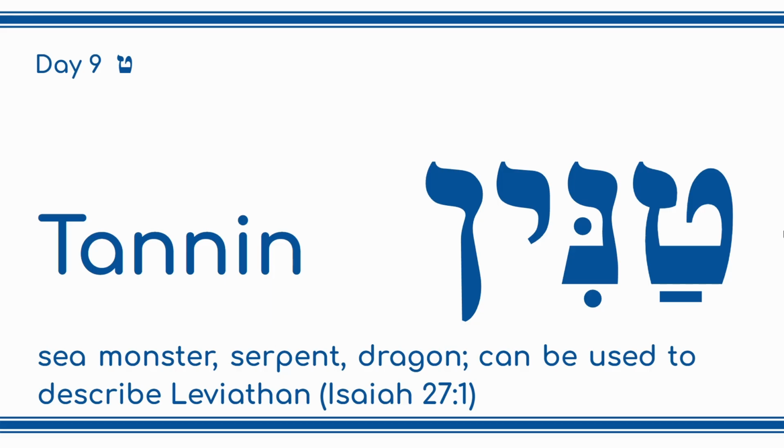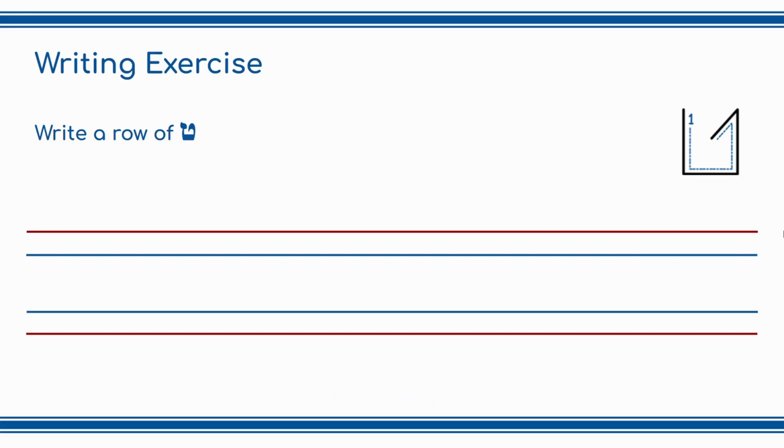And so now we're going to take a look at how you write the letter Tet. You start with a line going down, a straight line from the top all the way down. And then you go over one line. Then you go up. And then you bring a line down almost to the center. And that's how you get Tet.